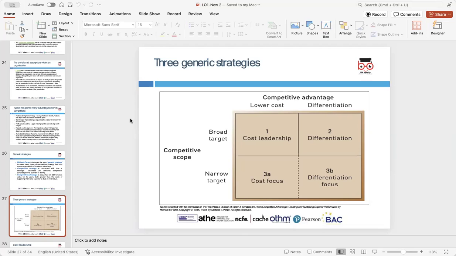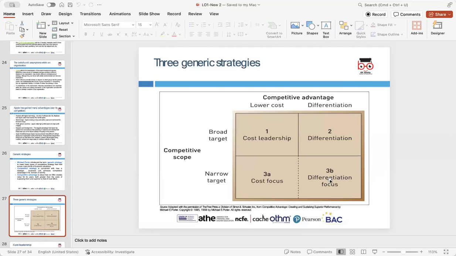Then focus strategy targets a specific narrow segment of the market. It involves tailoring products or services to meet the unique needs of that segment, which can be further divided into cost focus and differentiation focus, 3A and 3B.